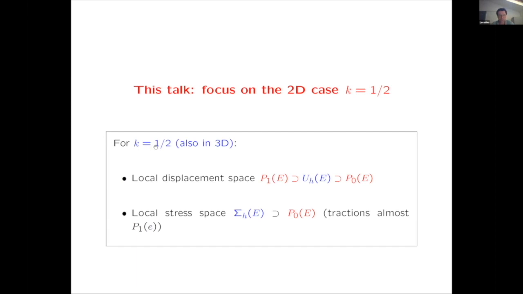That's why k is equal to 1/2 is the notation we used. And also for the local stress space, as we will see in a moment, we have that the stresses contain the piecewise constant functions on the mesh.